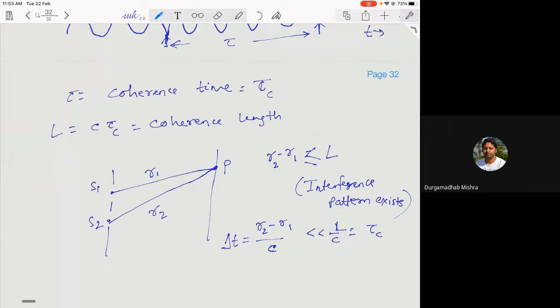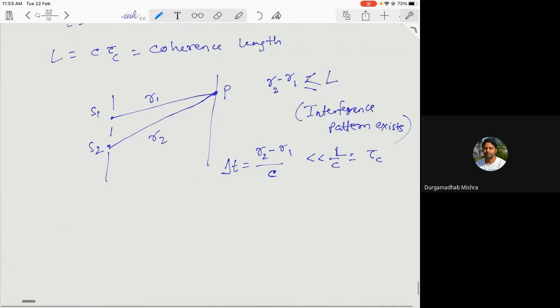So if delta T, the difference between the time when the wave from S1 arrives at P and the time the other wave arrives at point P, is greater than the coherence time, then there will be no interference pattern. Okay, so this is the coherence time in the context of Young's double slit experiment.